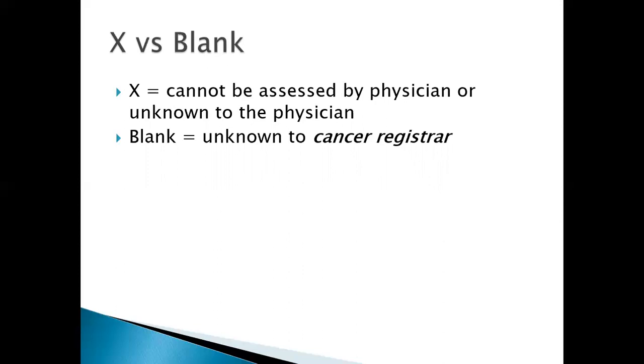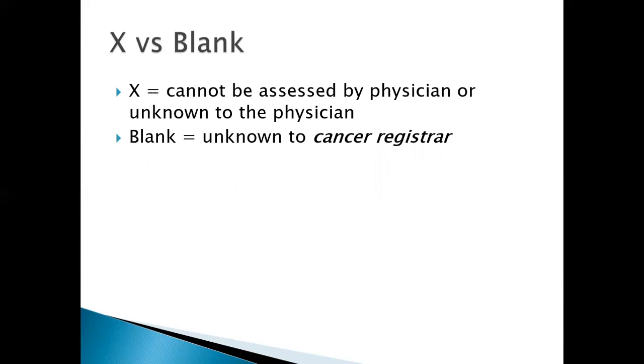Then we once again need to leave the CT category, the clinical T category, blank. If we would assign TX, that would mean that the physician did not know the extent of the primary tumor, okay? Or they did not assess it, or it could not be assessed, okay?